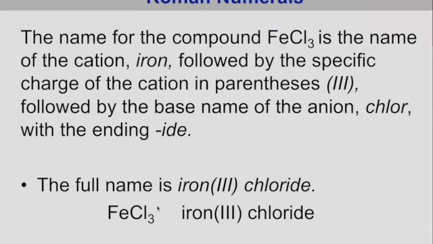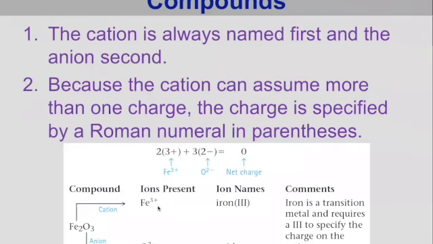We have another example here, that one that I calculated. This would be iron 3 chloride. Notice here, when we're doing Fe2O3, 2 indicating that you have 2 irons, 3 indicating that that's the charge, but let's say we didn't know. So let's say we didn't know the charge of iron.